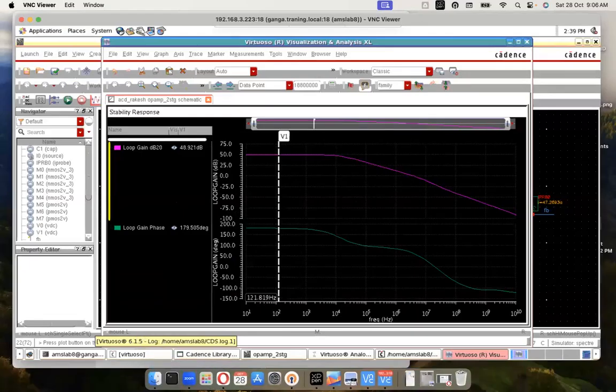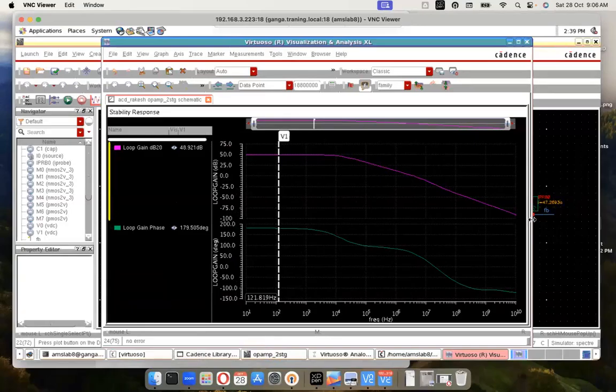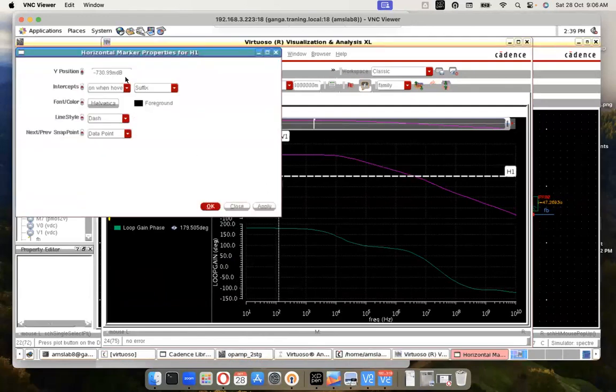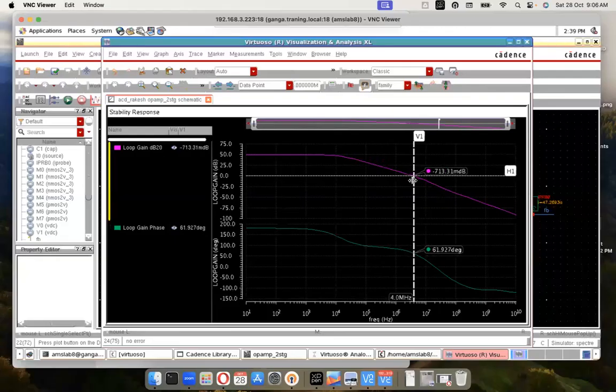Okay. Now, can you identify where the poles and where the zeros are? Let's also put a horizontal marker around. I can fix it at 0 dB. Okay. Now, somewhere here is your unity gain bandwidth. Unity gain bandwidth seems to be somewhere around 3.6 megahertz.